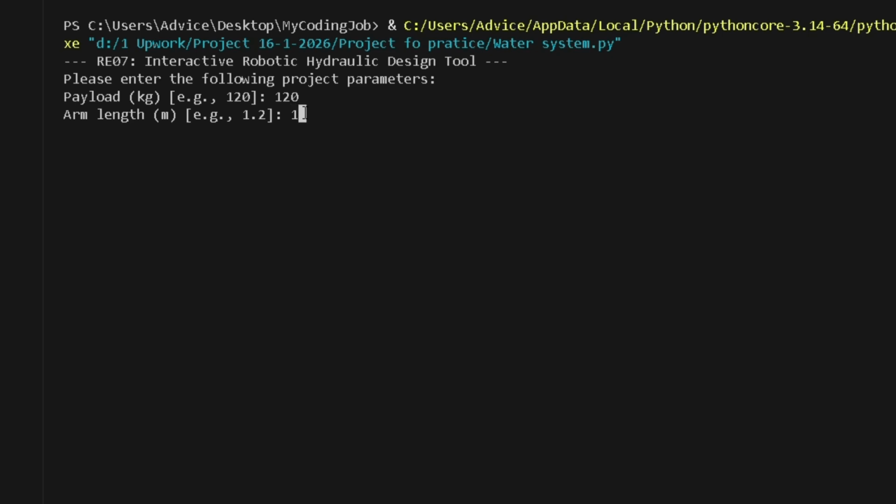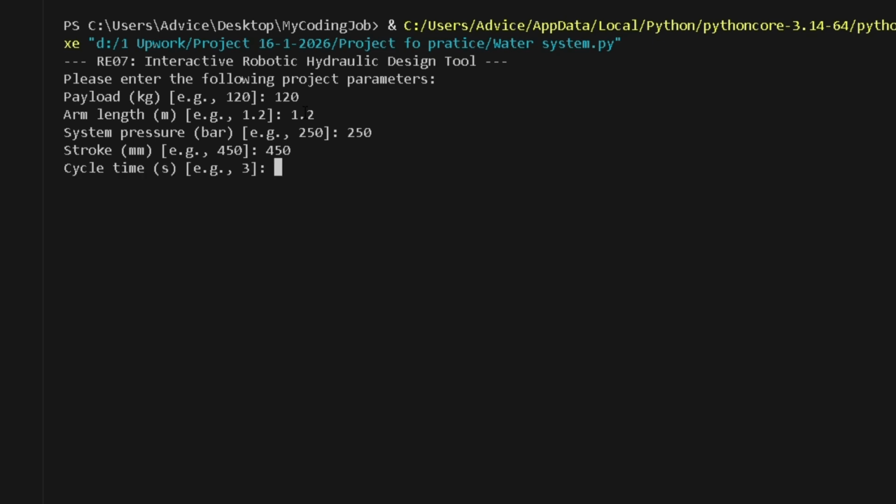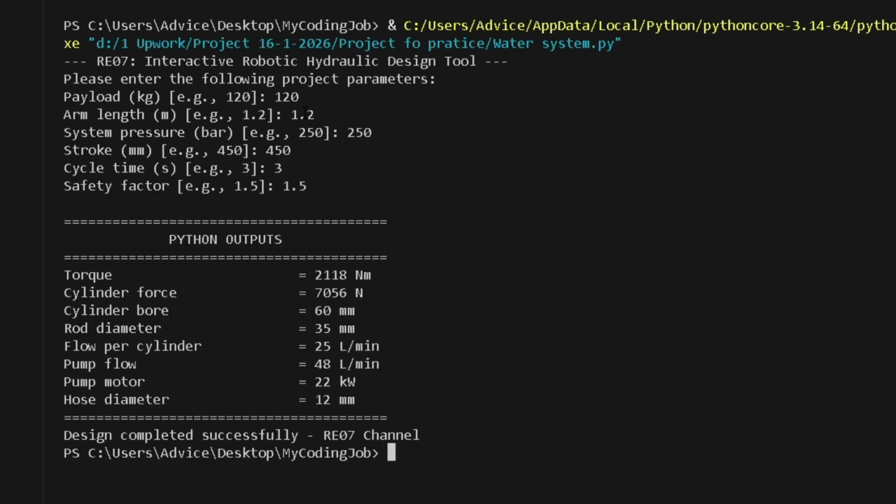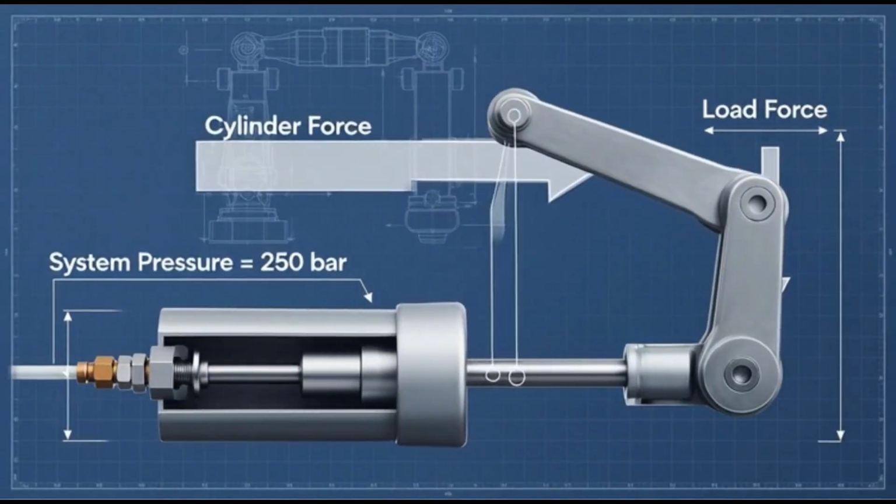Our Python program performs these formulas automatically. For our example, cylinder bore diameter equals 60 millimeters. This tells us the real industrial cylinder size we would choose from a manufacturer catalog. We also define cylinder stroke equals 450 millimeters, which matches the robot joint travel requirement.